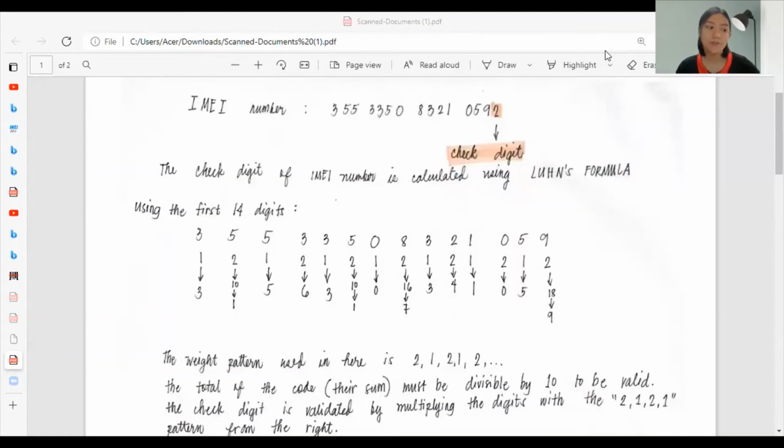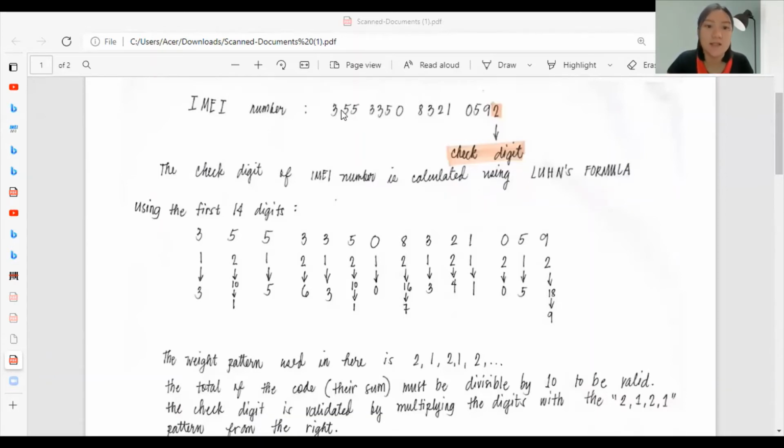And now, after learning how to find IMEI digits, we are going to learn how to determine its check digit and how to validate these numbers. The check digit of the IMEI number is calculated using Luhn's formula.